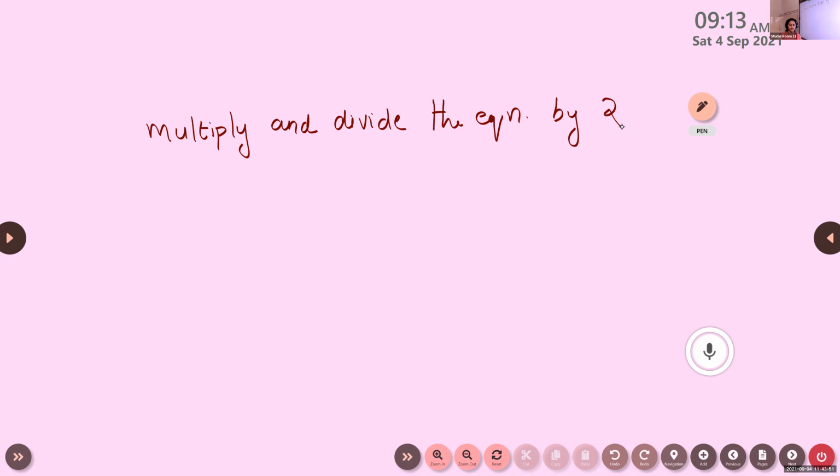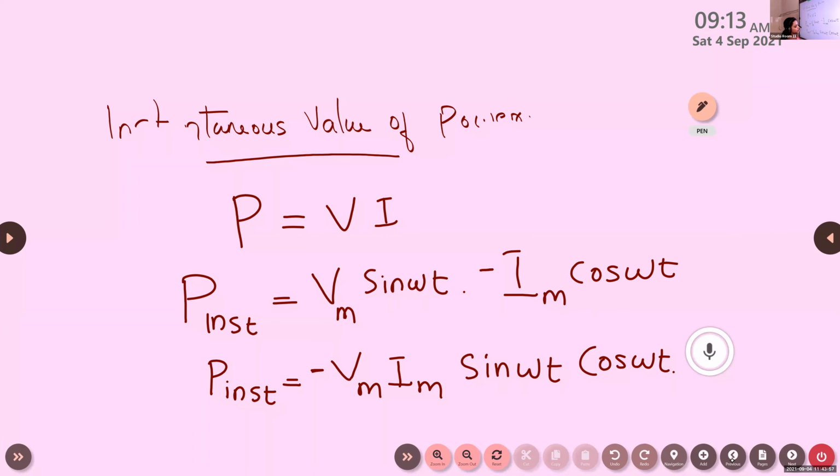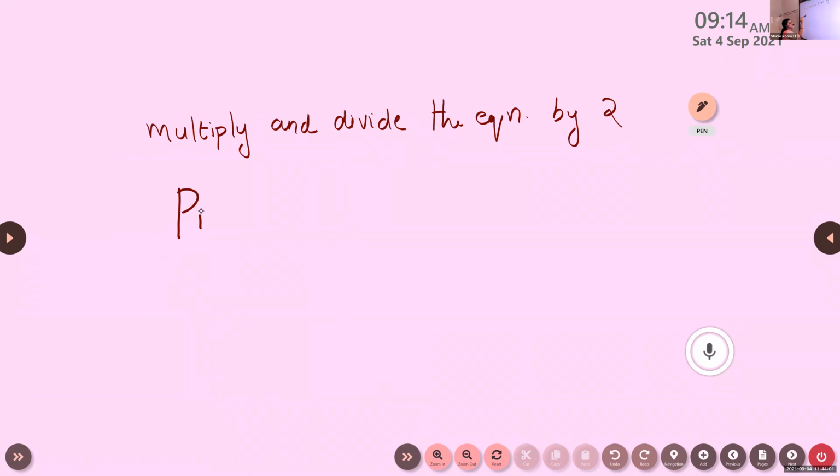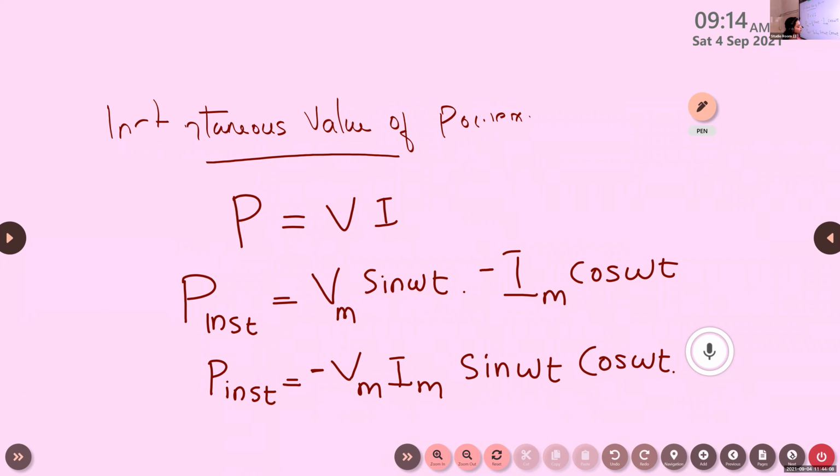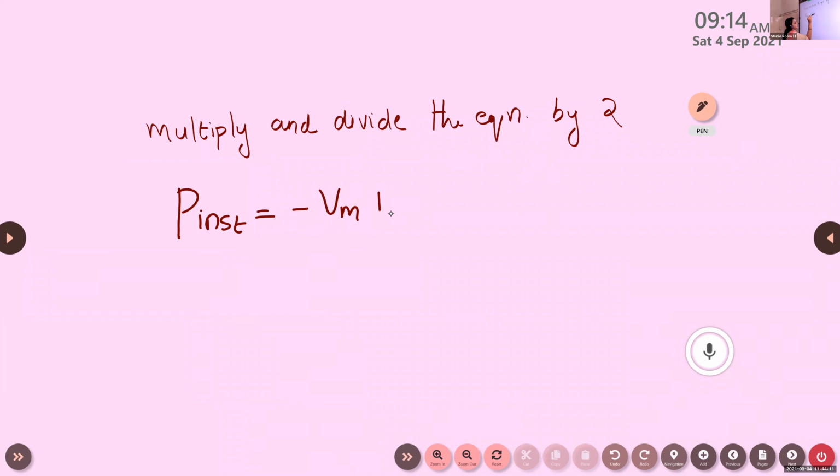Then it becomes instantaneous value of power P instant is equal to minus Vm Im divided by 2 into 2 sine omega t cos omega t.